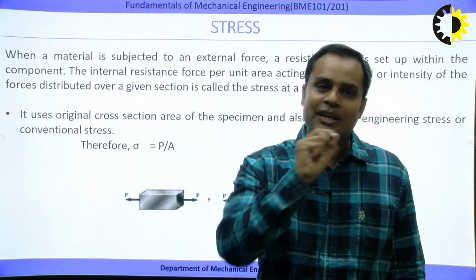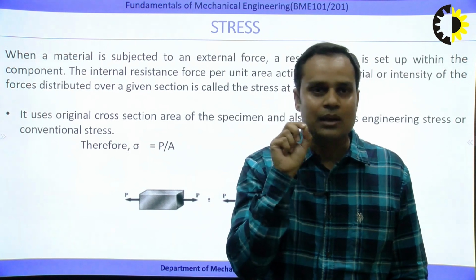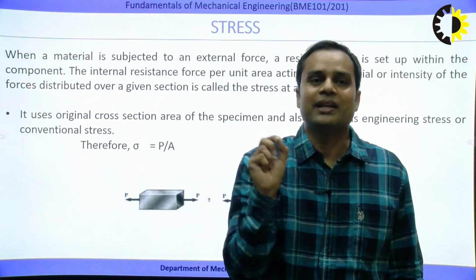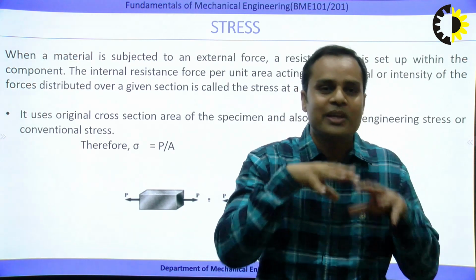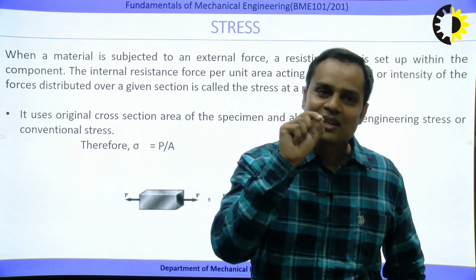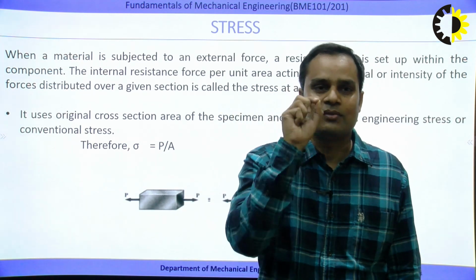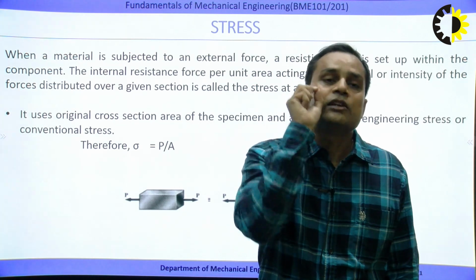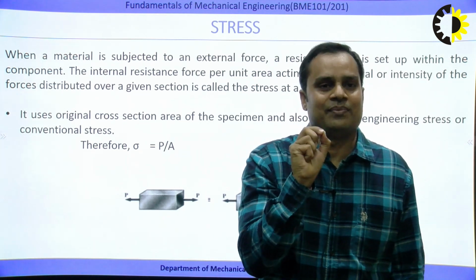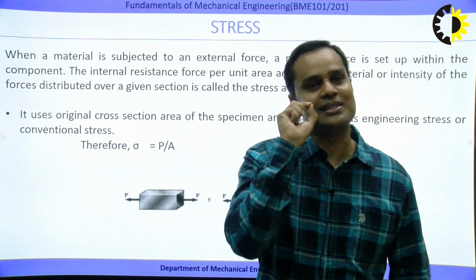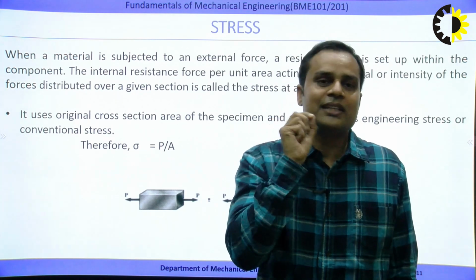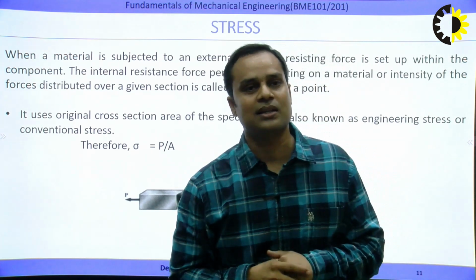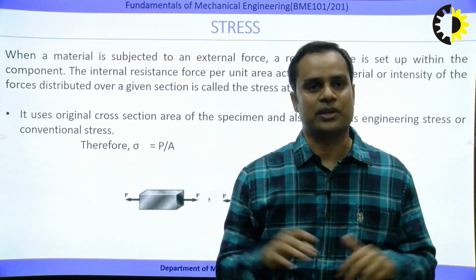We consider a point because we are interested in calculating stress at a point, but a point does not have any dimension, so how can we calculate the area? So we assume a very infinitely small area and idealize that area as a point. That's why stress and strain are point descriptions.